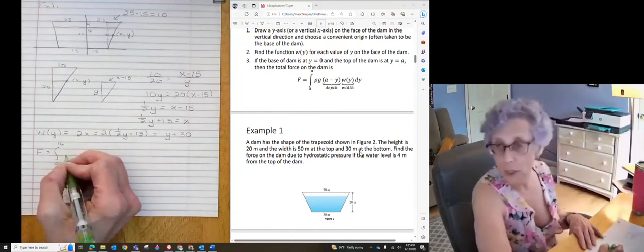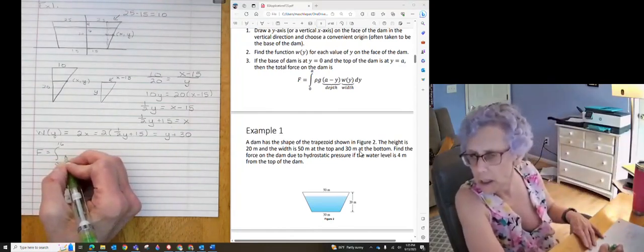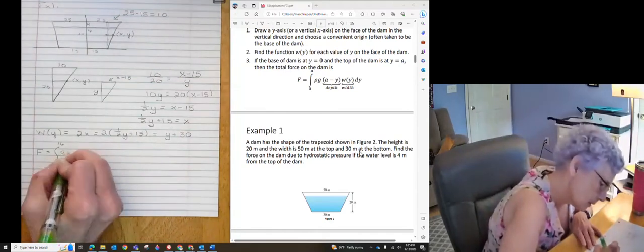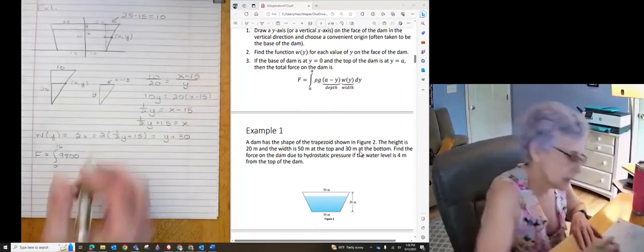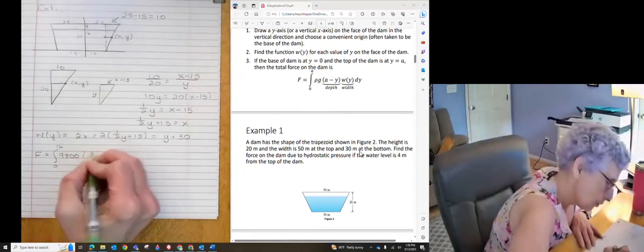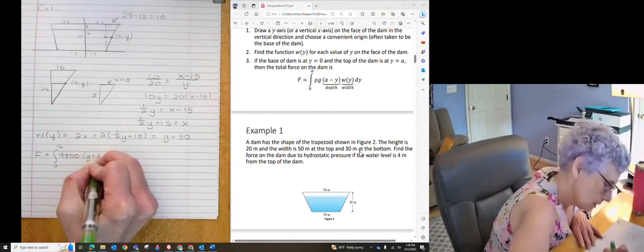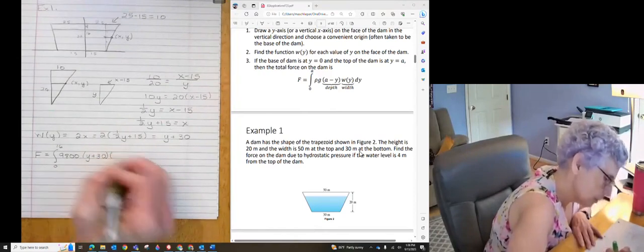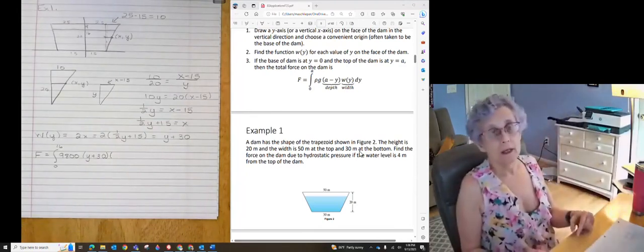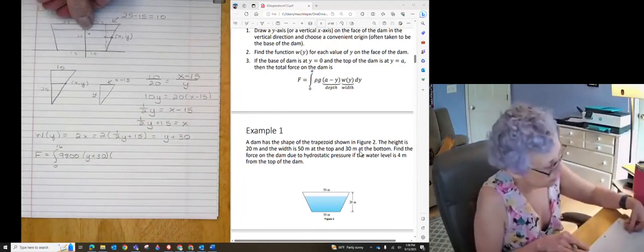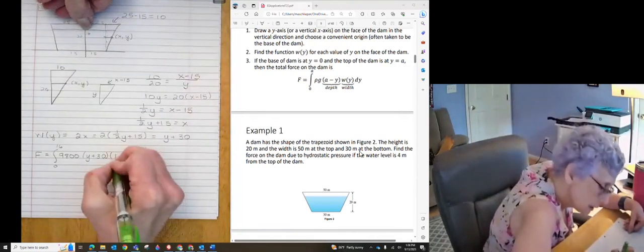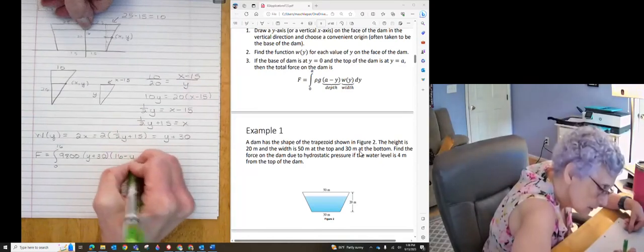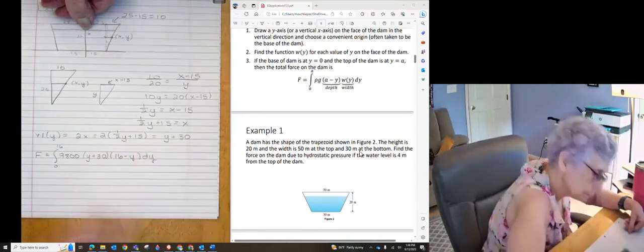Then we have rho times g, and we're in meters, so I'm going to go ahead and multiply 9,800, 1,000 times 9.8. My width is y plus 30, and then we take the top of the water line, wherever that is. In this case, it's 16 minus y.